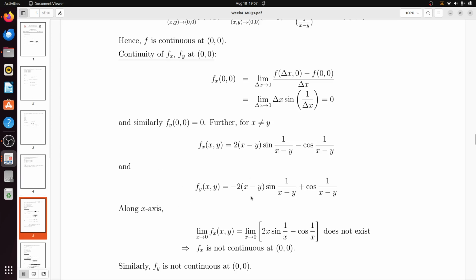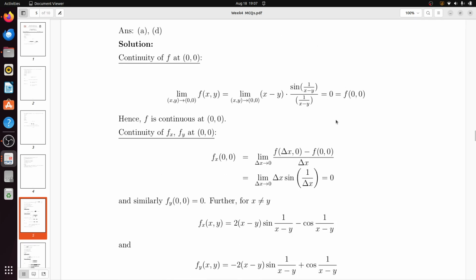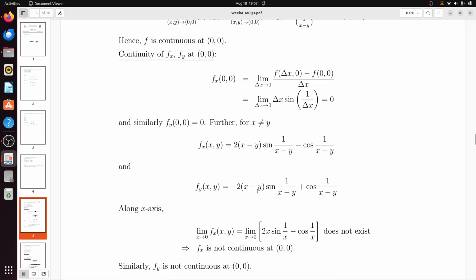Now fx(x,y) along the x axis: this is the derivative of the function with respect to x. You just take x tends to 0.